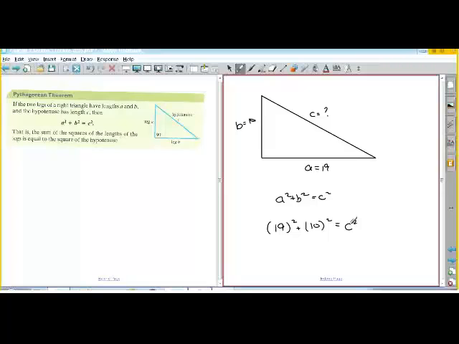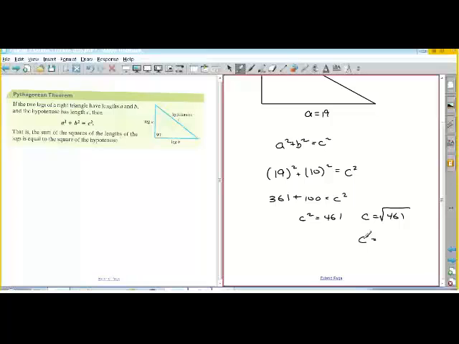So you take 19 squared, which is 361. 10 squared is 100. So c squared is equal to 461. Therefore, c is equal to the square root of 461. If you plug that into your calculator, the square root of 461 is 21.47.